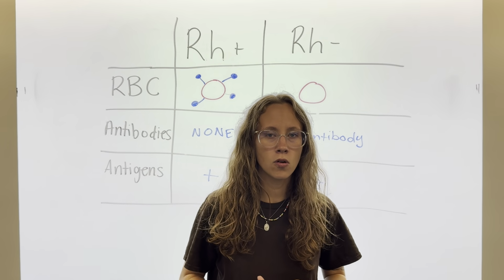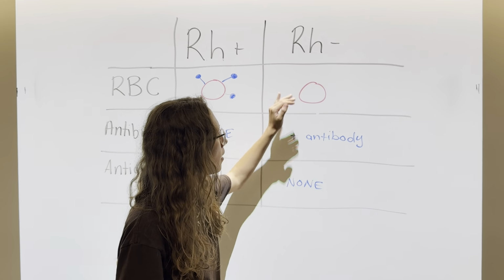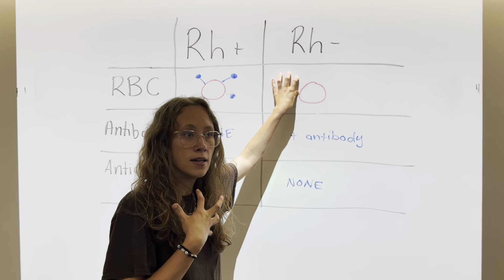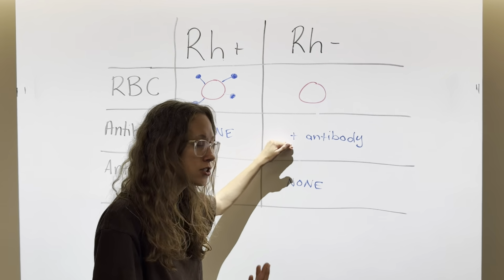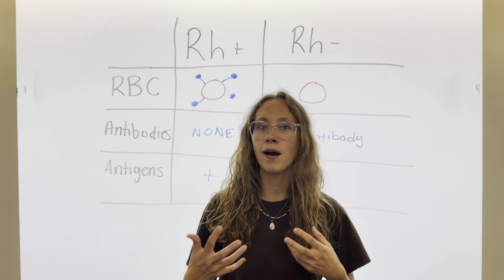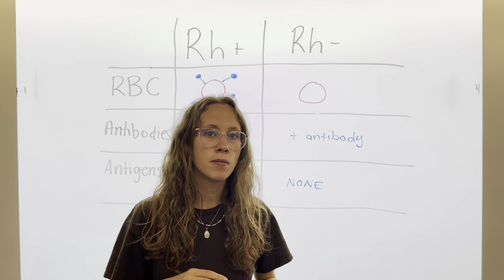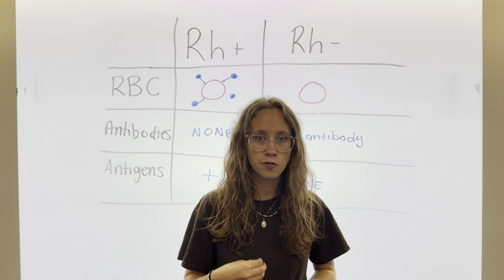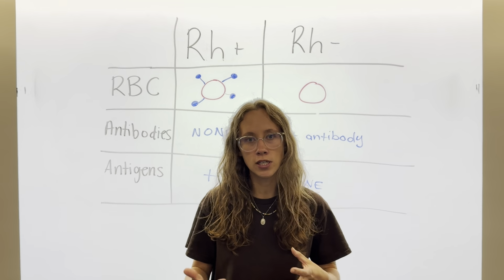So here's another clinical application looking at mothers who are pregnant. So if a mother has a negative blood type, so no antigens, potentially having these antibodies, and she's pregnant with a fetus that has a positive blood type, this can be problematic. If this is the mother's first pregnancy and she has negative blood, the fetus has positive blood, typically there is no issue.